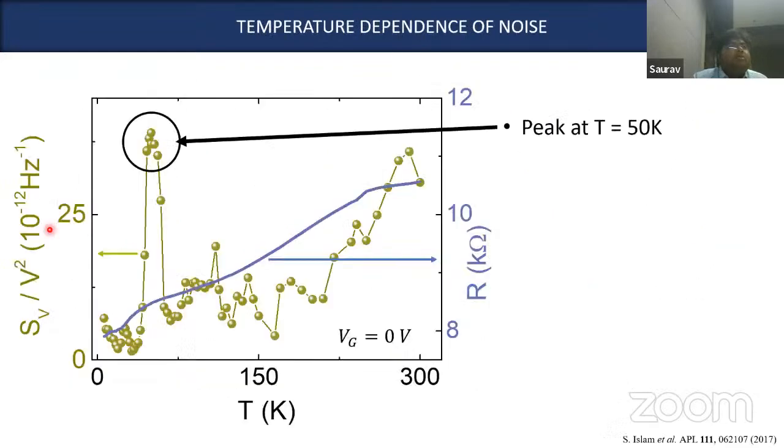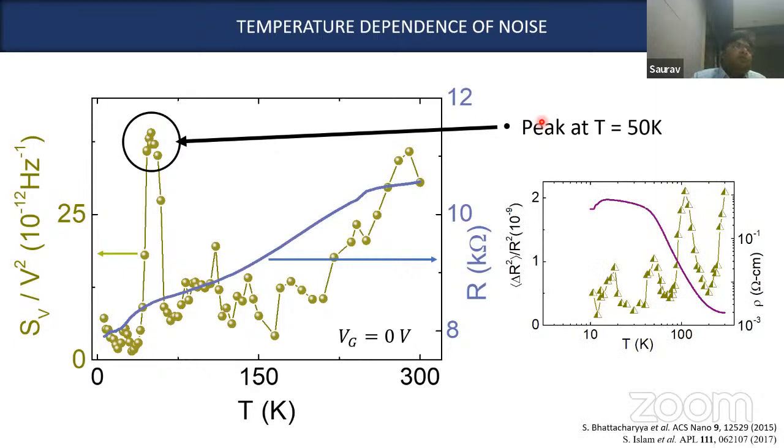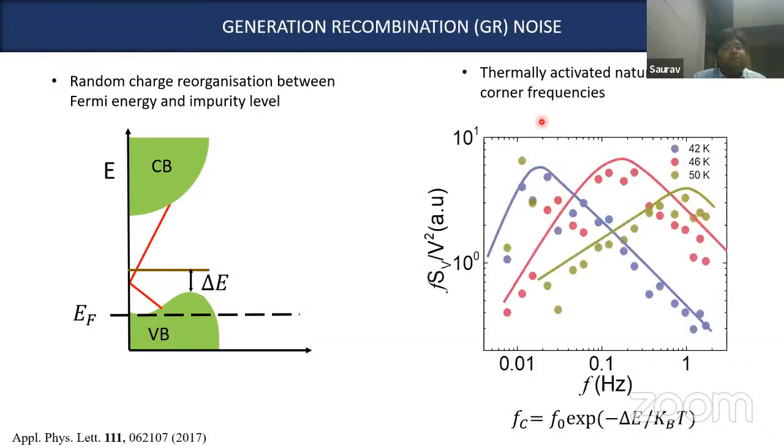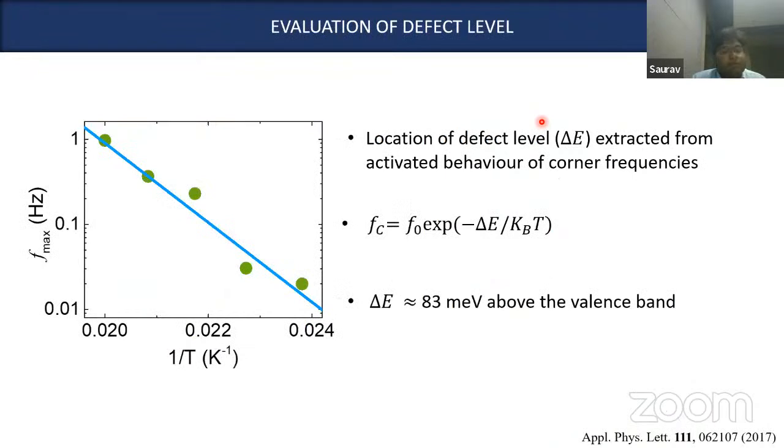Again, in the temperature dependence of noise, we see a peak in these samples at a characteristic temperature, this time at 50 Kelvin, which is very similar to what we had seen in our exfoliated bulk samples or single crystals. Using the same principle of generation-recombination noise, with the shift of the thermally activated corner frequencies, we estimate that the defect level is around 83 millielectron volts above the valence band.